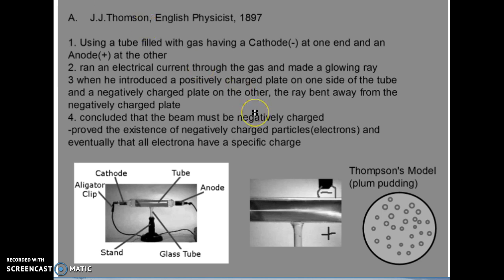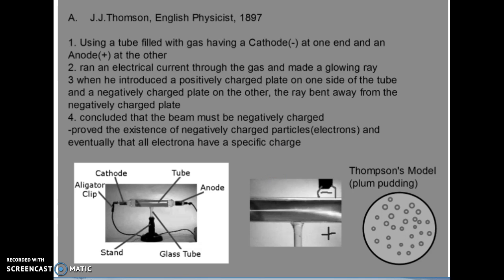So J.J. Thomson figured out that if he has this tube filled with gas and he runs a current through it, the gas will actually glow and he'll see kind of a beam of light. And he wondered, what is that beam of light made up of?